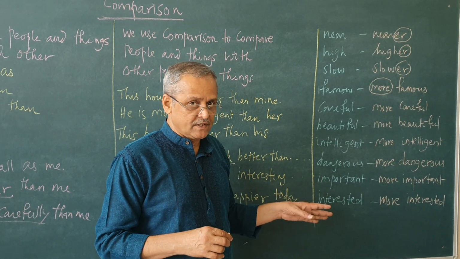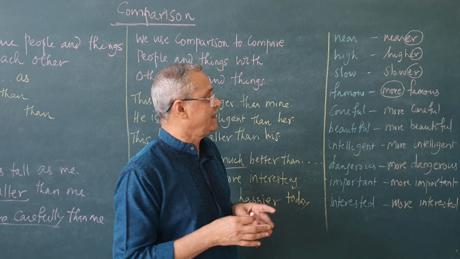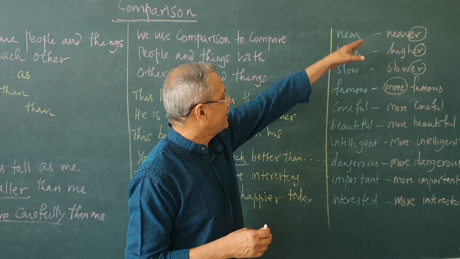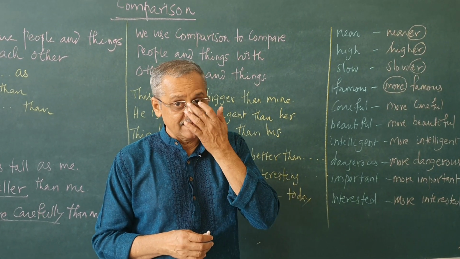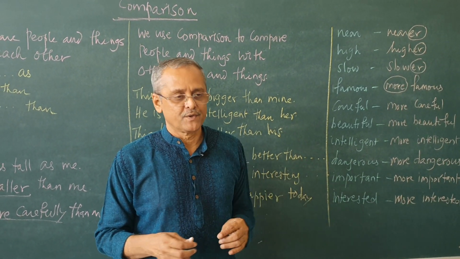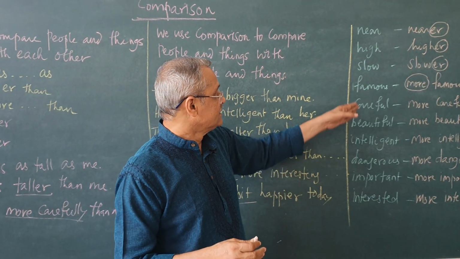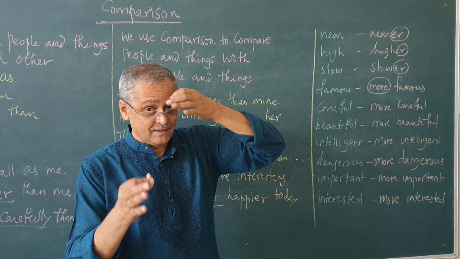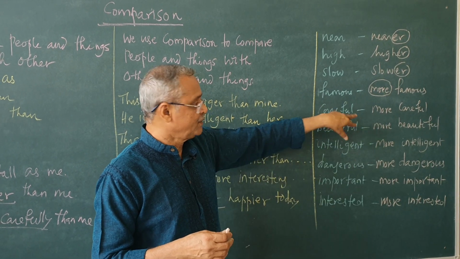interested, more interested. And also in comparative degrees, we cannot put more everywhere. So, we have to be very careful about the syllable aspect, and this mistake should not be committed. Even in the examination, they try to confuse you by giving single syllable words with the wrong comparison form, and two syllable words they may not give you more.